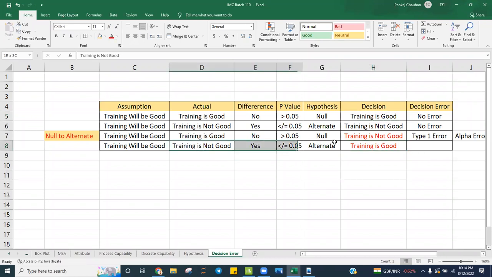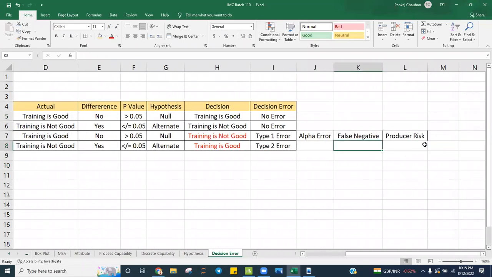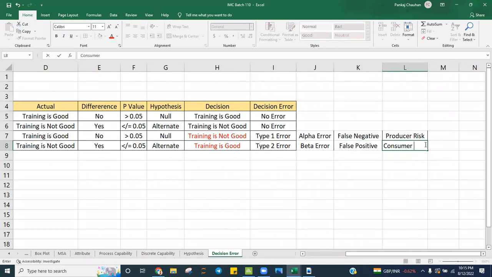Then again, you are taking a wrong decision, which will be called a type 2 error or beta error. Which is called a false positive. And this will be called a consumer risk.